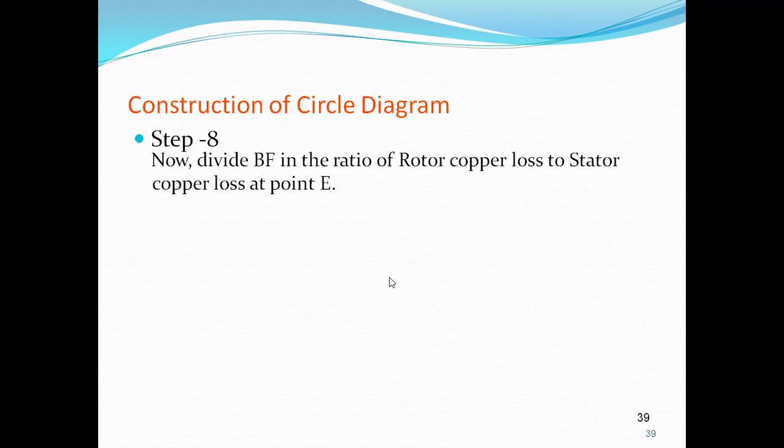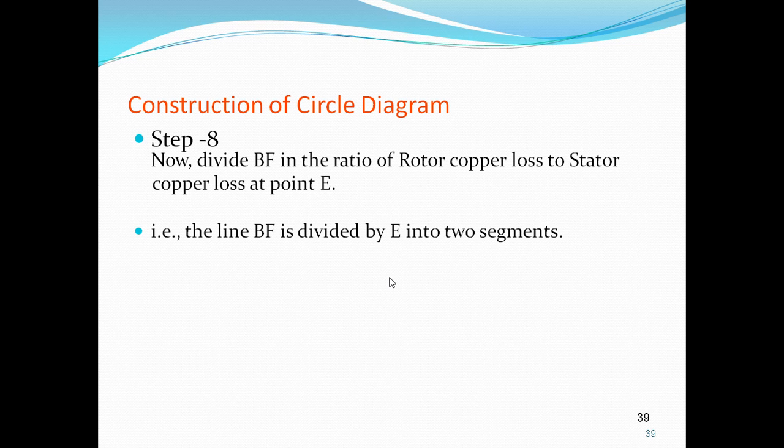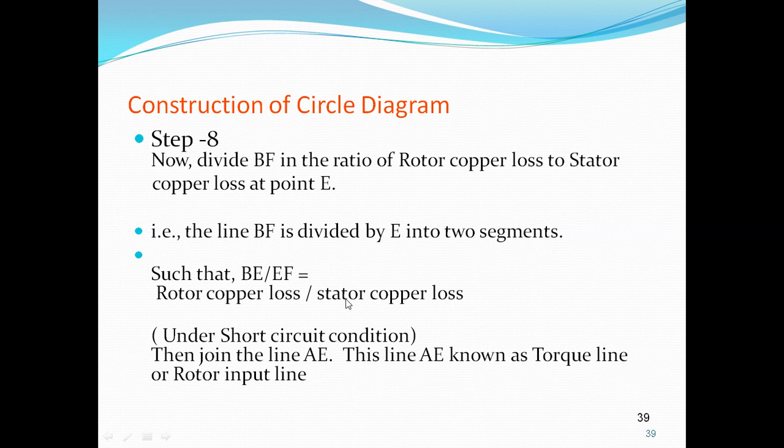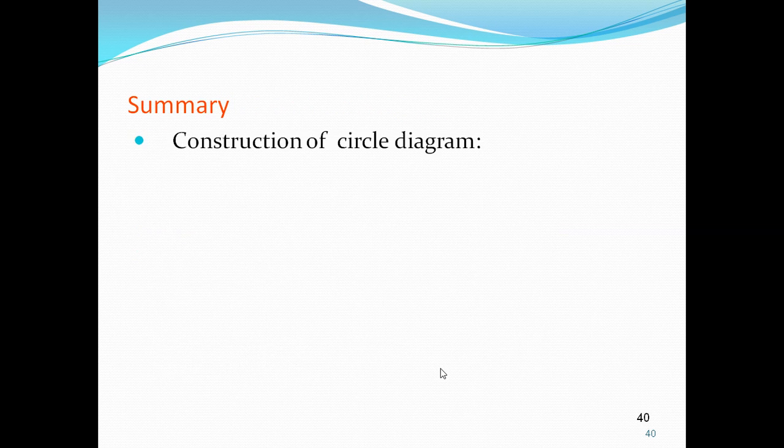Step 8: divide BF into two parts, that is rotor copper losses and stator copper losses. The line BF is divided at point E. So BE by EF is equal to rotor copper losses by stator copper losses. The line AE represents the torque line or rotor input line.